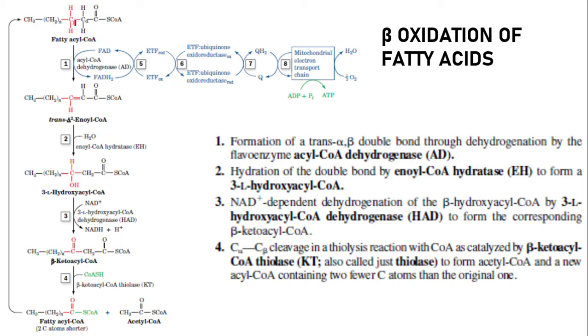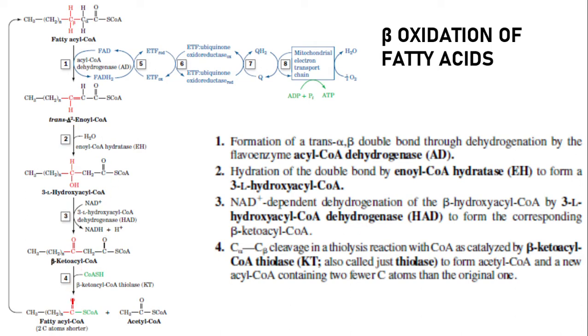How many reactions are there? 1, 2, 3, 4 reactions are there. At the end of the fourth reaction, a new fatty acyl coenzyme A is formed, which contains two carbon atoms less than the first fatty acid which was present at the beginning. So here reaction number 1, 2, 3 and 4.